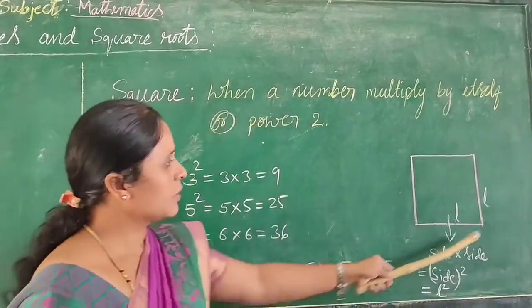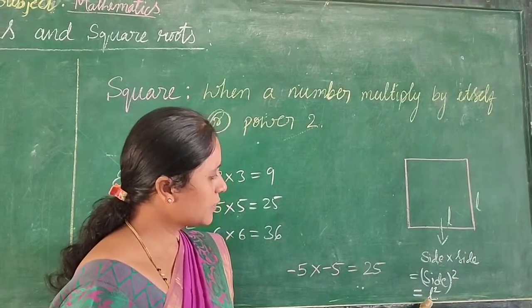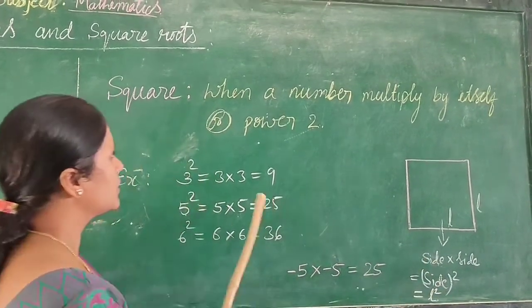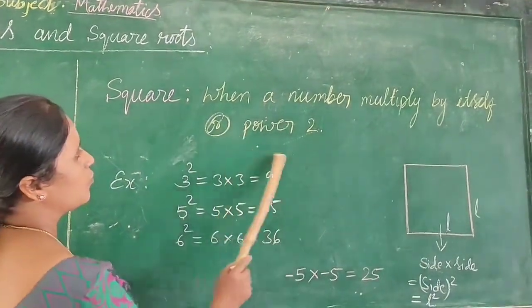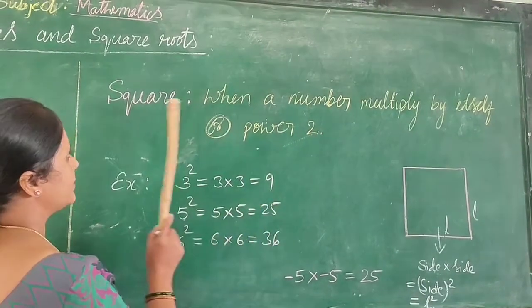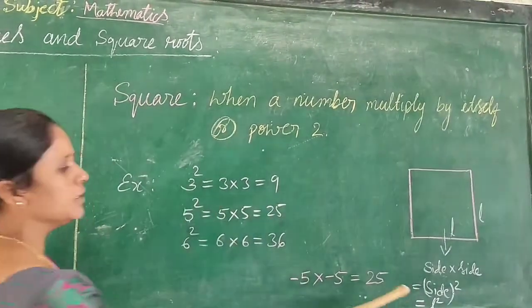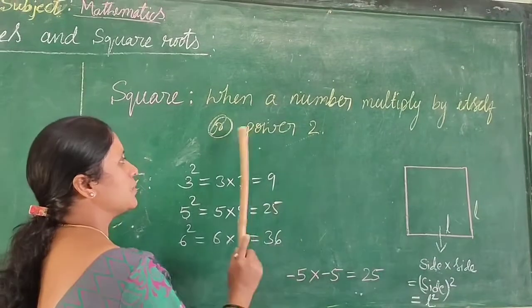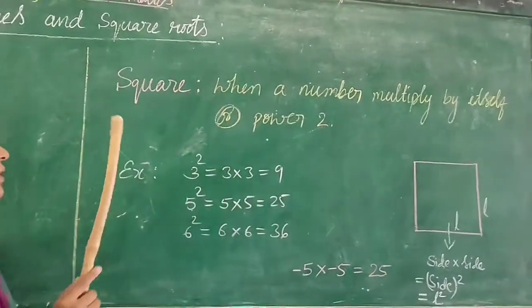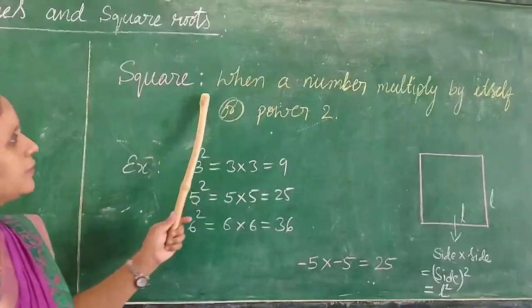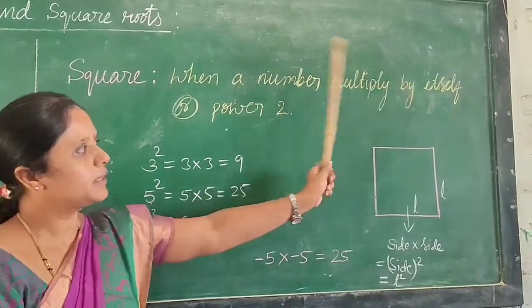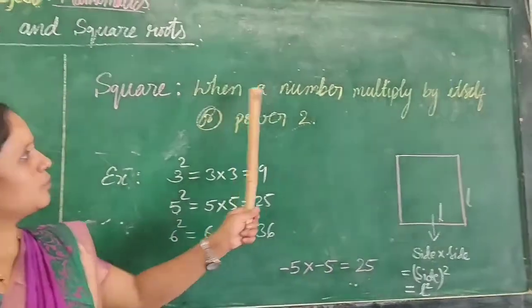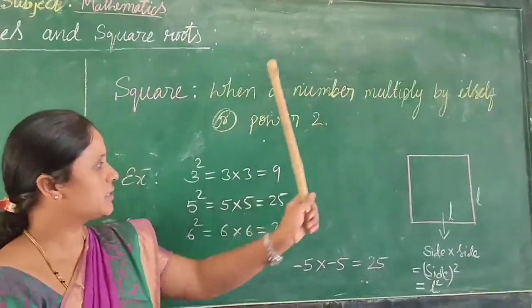Now, any number to the power 2 is called a square. In other words, we can say, when a number is multiplied by itself.